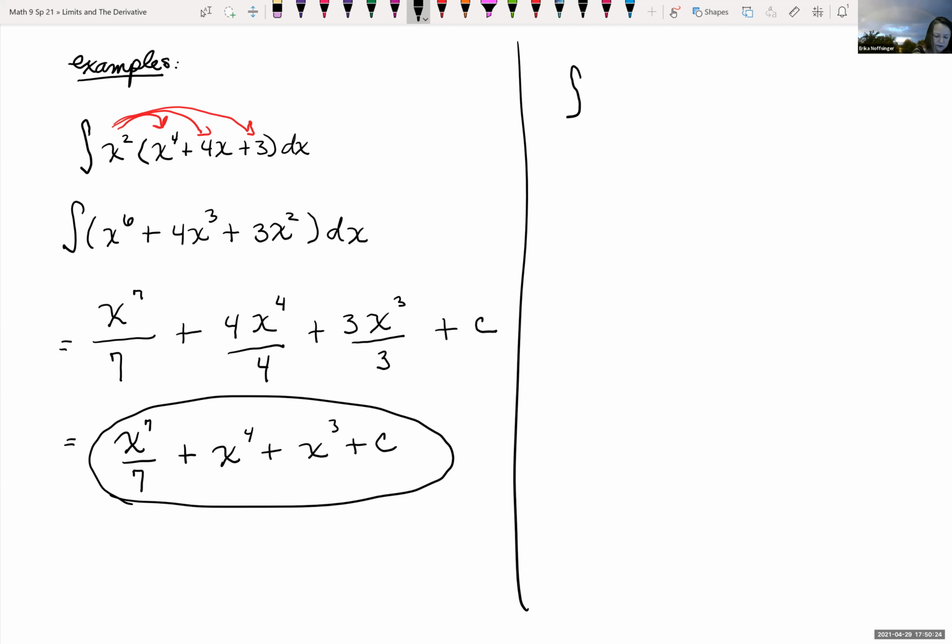What about the integral of 1 minus 2 cubed root of x, and this is all over the cubed root of x, dx?